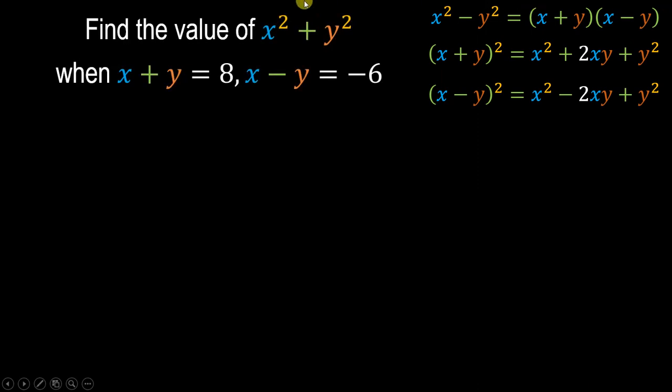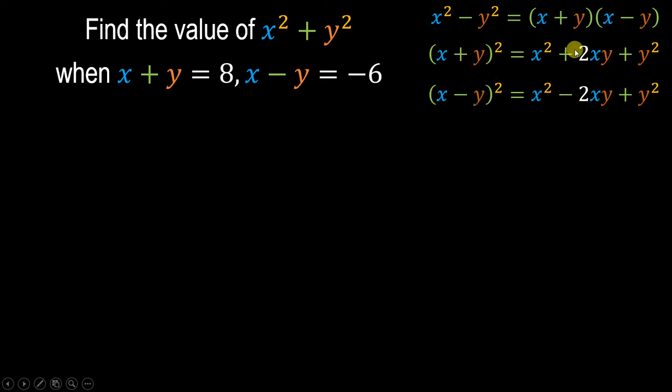Here we have another question in which you are supposed to find x squared plus y squared, where you are given x plus y and x minus y. Now if you look at all of these three identities, you would not find all of these given expressions. x squared plus y squared is normally found in these two identities, right?